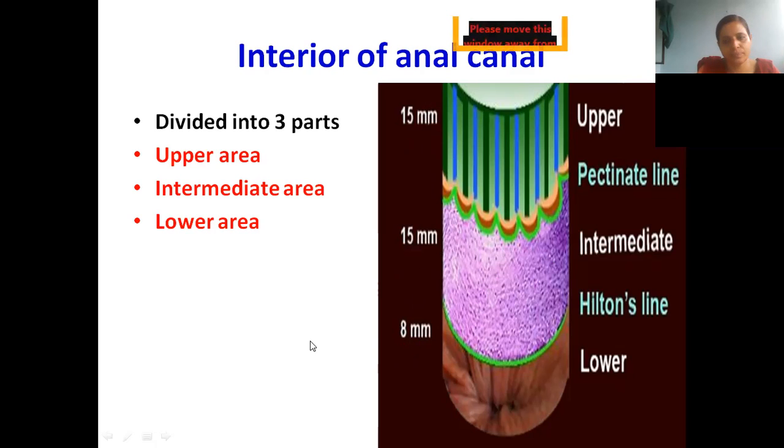Now the upper part will have true mucosa and it will show certain mucosal folds which we will see now. The intermediate area has stratified squamous epithelium and the last area is true skin where we have hair, sebaceous glands and sweat glands. This area is always maintained in an oily and moist condition because of these glands.